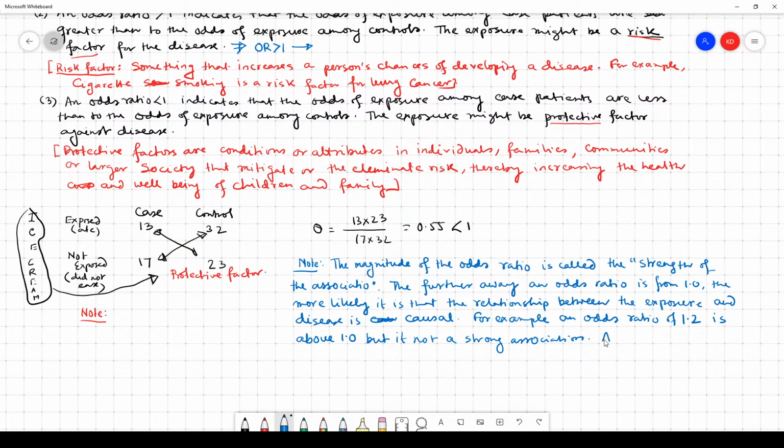An odds ratio of 10 suggests a stronger association.